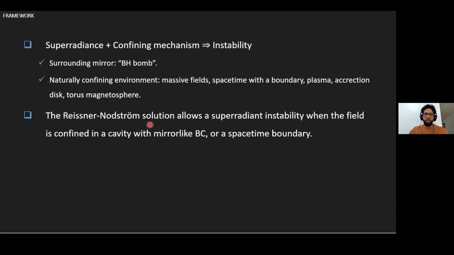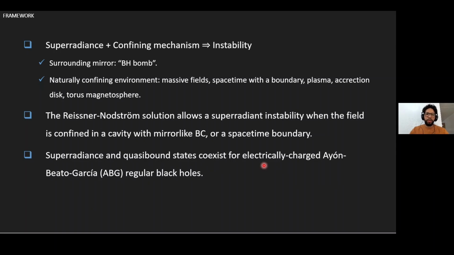The Reissner-Nordström solution allows a superradiant instability when the field is confined in a cavity with a mirror-like boundary condition, or a spacetime boundary. That is, if you consider that we have a massive and charged scalar field around the Reissner-Nordström solution, we may only have superradiant instability if we impose a surrounding mirror to this solution.